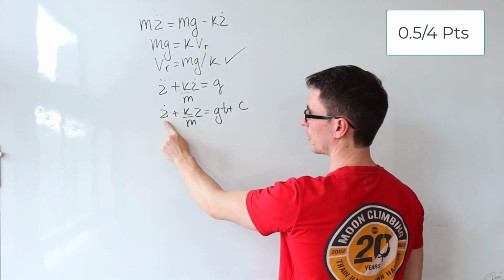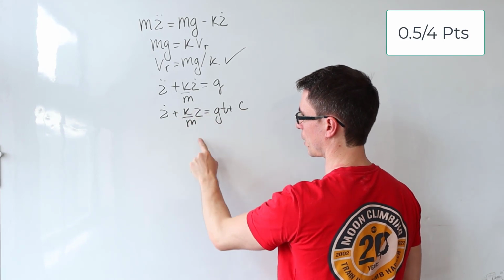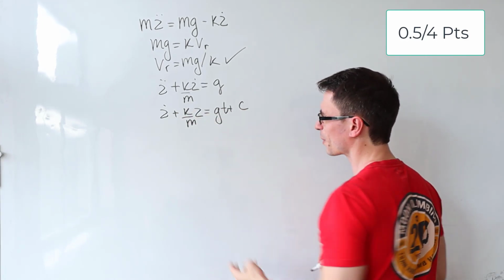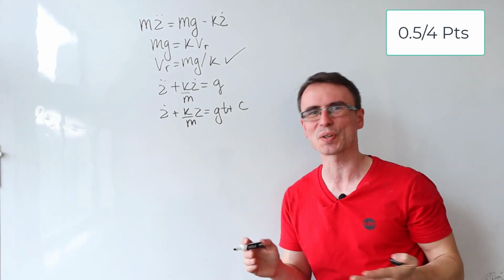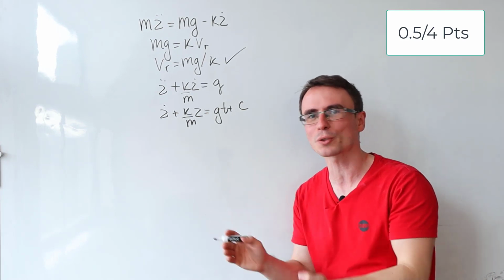Okay, now look at this. z dot plus k over m times z. We can immediately see that this is kind of reminding us of the product rule.